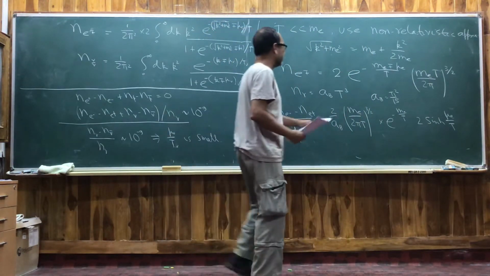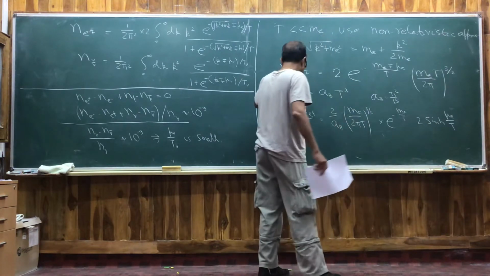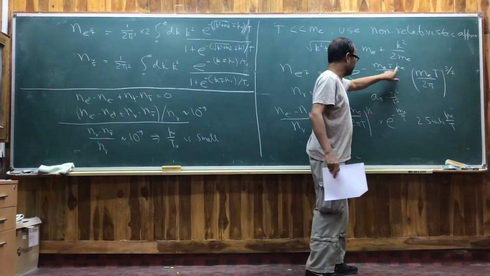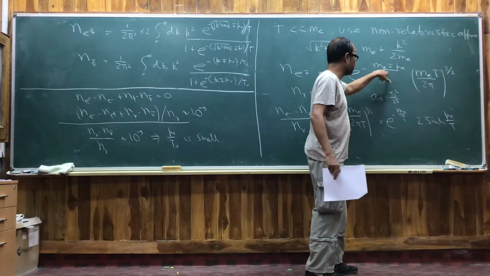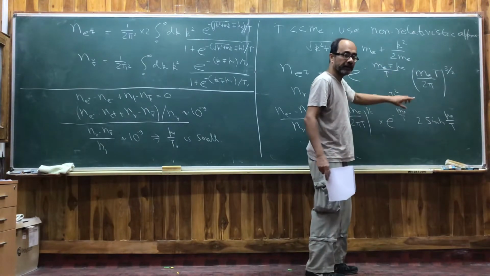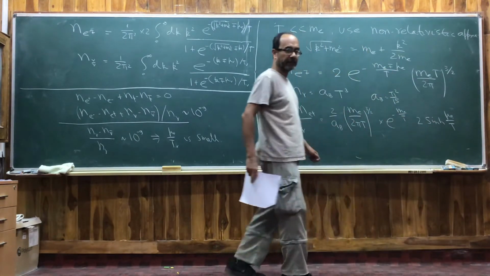Because the e to the minus m_e over t is a common factor between N_e minus and N_e plus. And then the difference is, in one case you have e to the plus mu over t, in the other case you have e to the minus mu over t. Okay, that's what gives you this sinh.